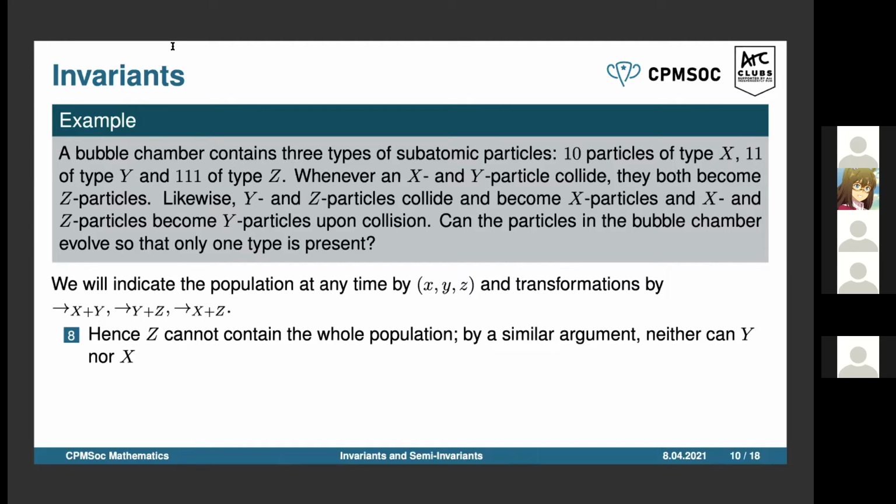Then you can prove the invariant, and look at its starting conditions, to see what the initial values of the invariant are. The final values of the invariant will be the same as the initial values, and then you can prove that this final state is impossible, because it doesn't give you final values of the invariant equal to the initial values.